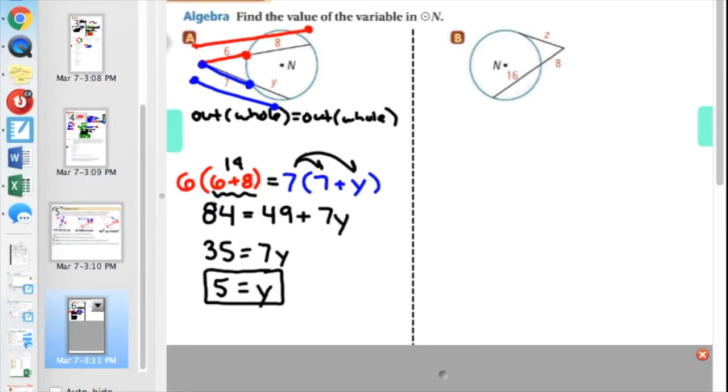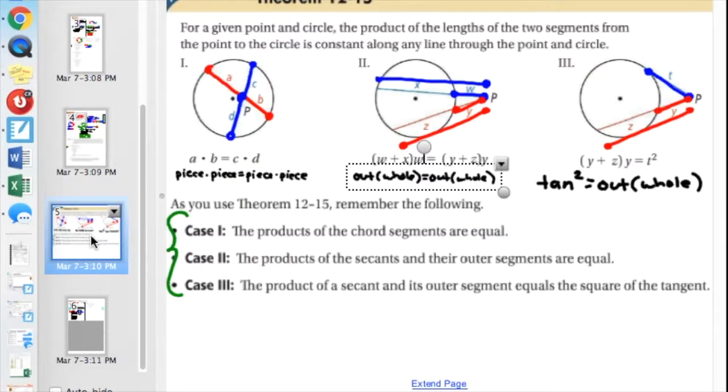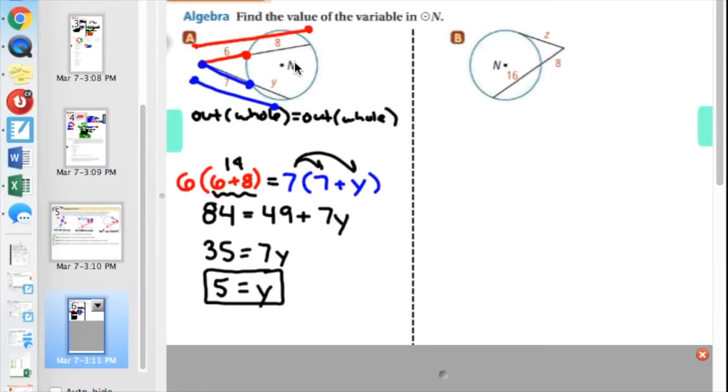So now I'm looking at my second problem, and I'm noticing that I have a tangent line. And because I have a tangent line, I'm falling under the category of tangent squared equals outside times whole. So I'm going to just write that down really quickly when I see that problem. That way I have a little bit of a reminder. All right, here is my tangent. My tangent is z, so therefore I have z squared.